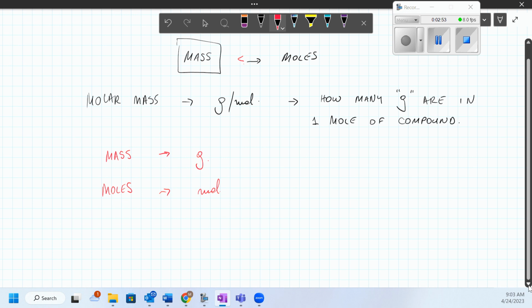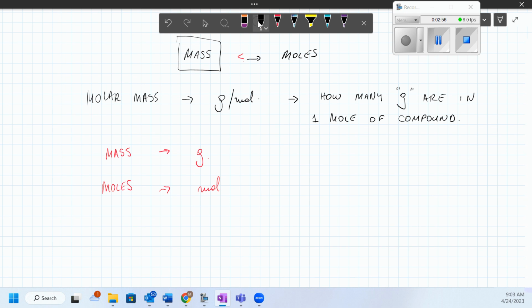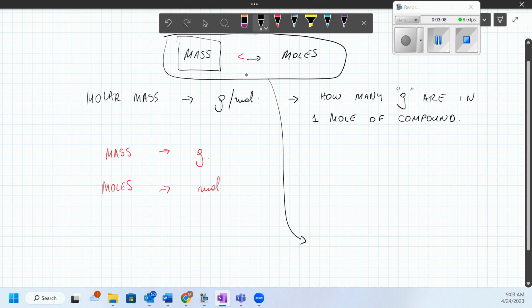Now when we are moving either from mole to mass or mass to mole, when we are doing the transformation, what we are using is molar mass.